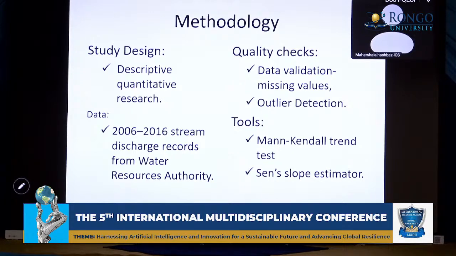Before any analysis was done, data quality checks were performed to identify and address any missing values or anomalies in the data. After that, a trend analysis was conducted using the Mann-Kendall test, and the Sen's slope estimator was used to quantify the rate of change.